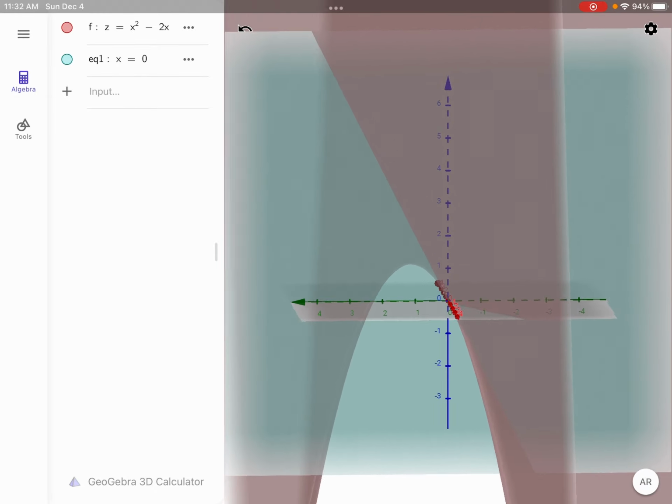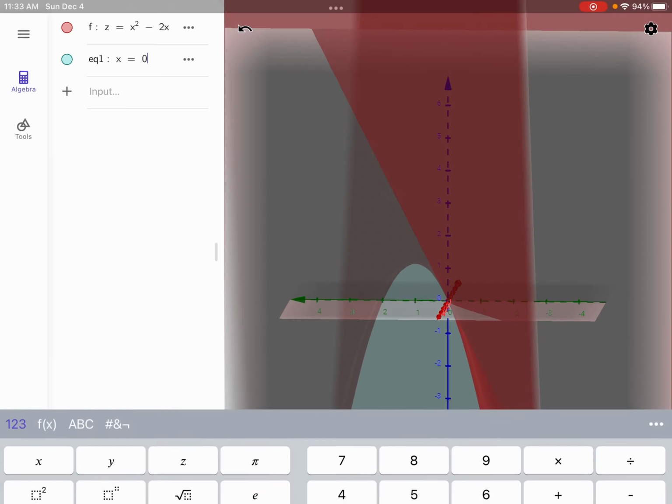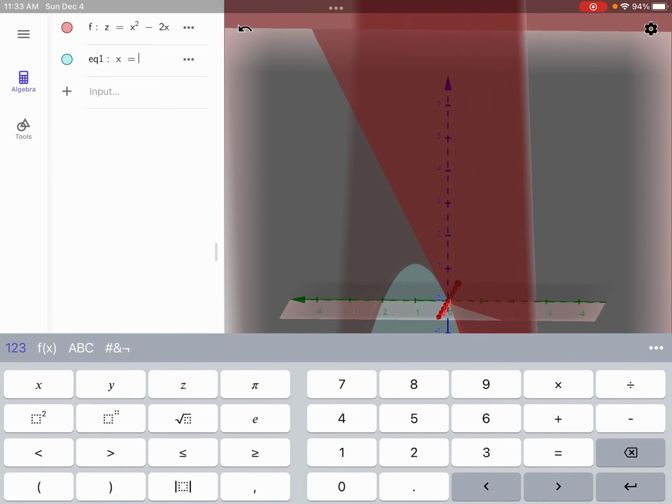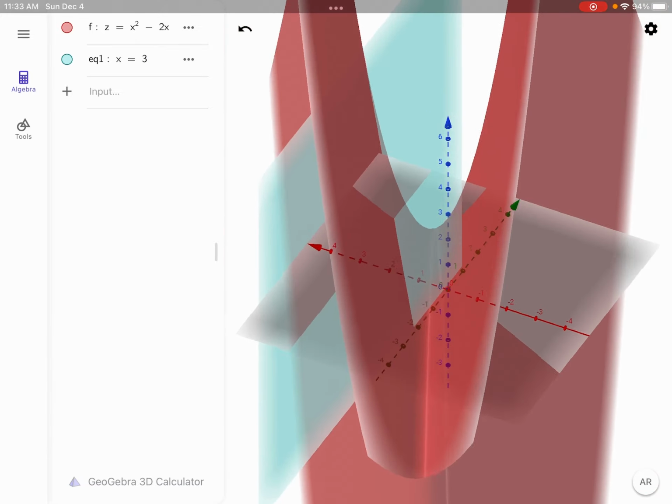And if you look at where that blue and that red kind of intersect along the green line, they intersect at a line, this line coming down that you see where the blue and the red are intersecting. And then I'm going to look at x equals 3. And I will show you why I'm doing this in a second. All right, so x equals 3.